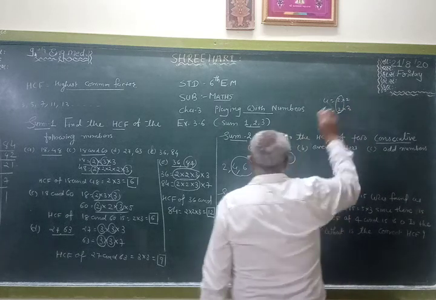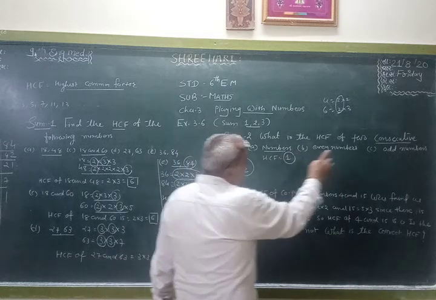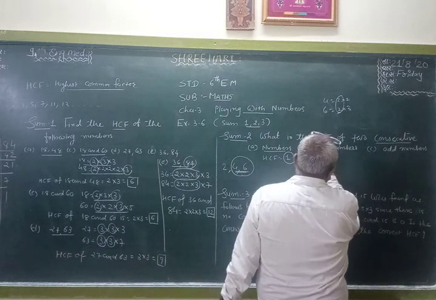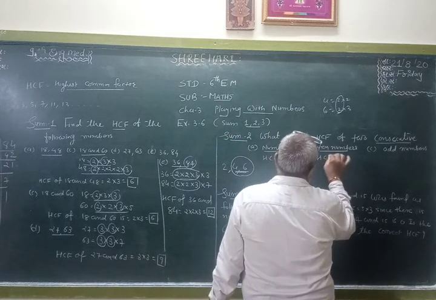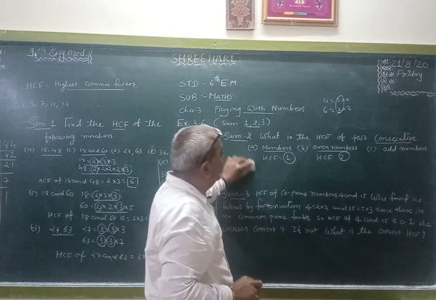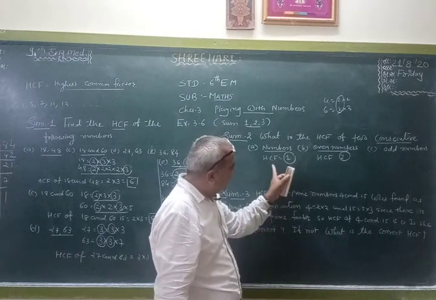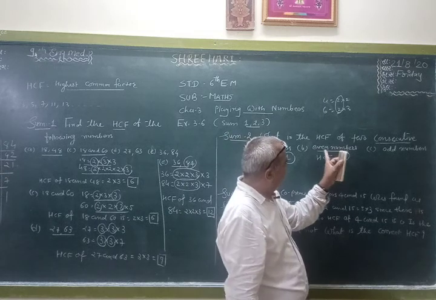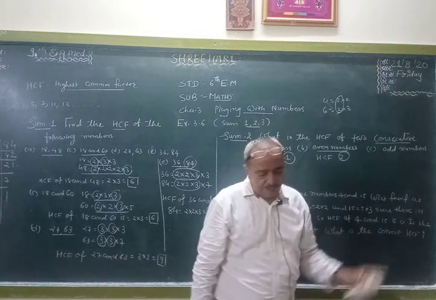Here 2 is common. So any two consecutive even numbers have HCF 2 every time, because 2 is common in nearby consecutive even numbers. So every time the HCF of consecutive even numbers is 2.